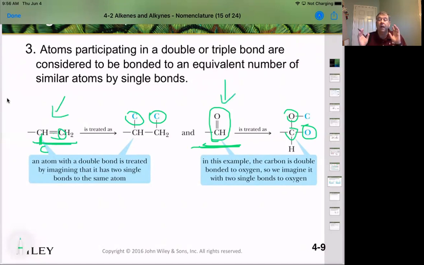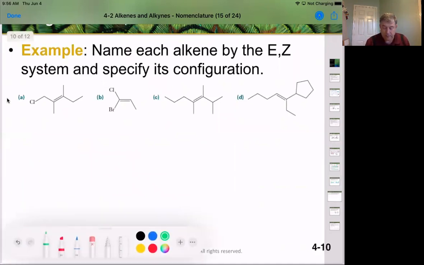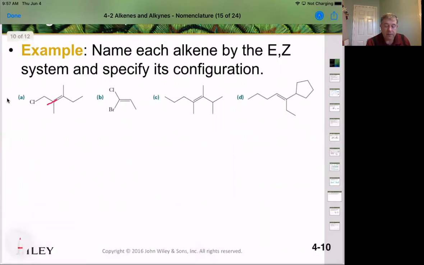Rarely do we have to move beyond this to identify them correctly, okay? So we're going to use these three rules of determining priority, and we're going to identify the E and Z on several alkenes. Let's start with one side. Again, we're looking at whether groups are on the same side or opposite sides of this line.